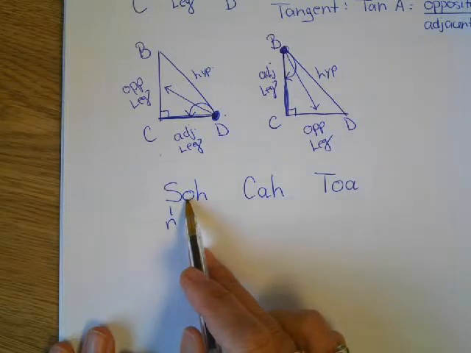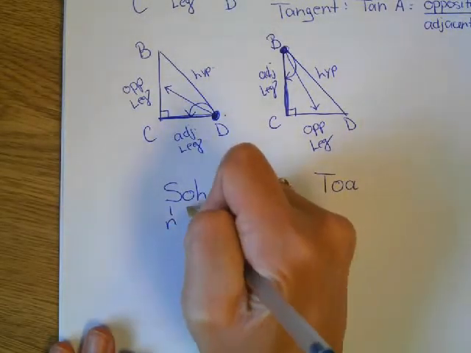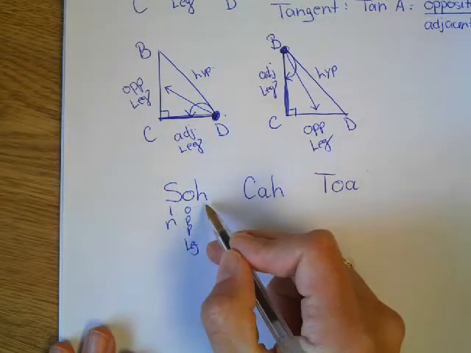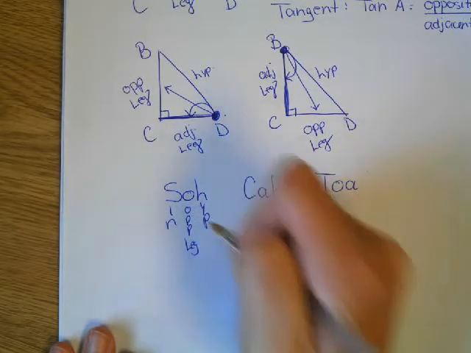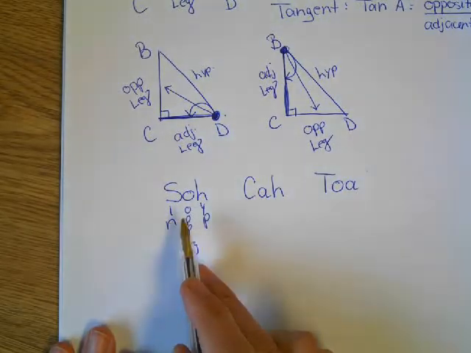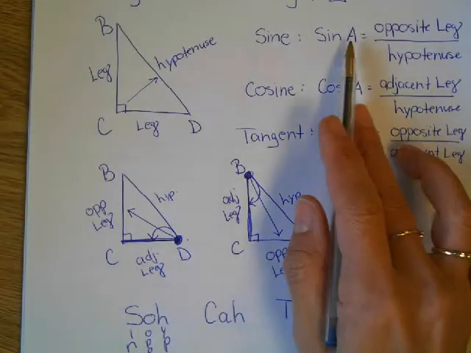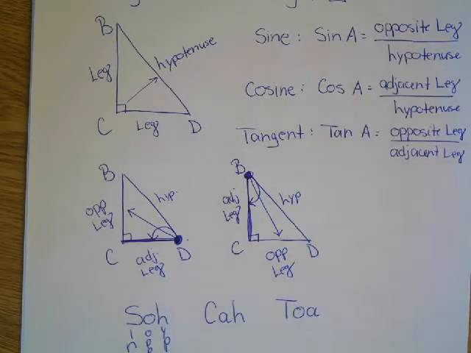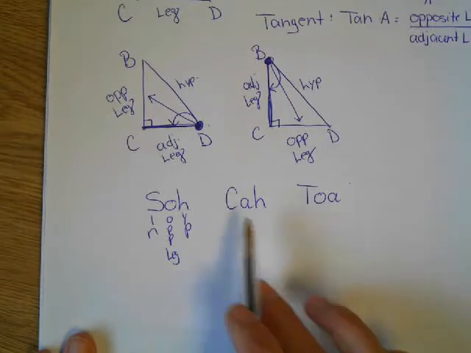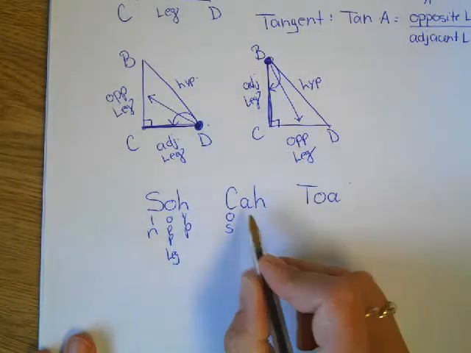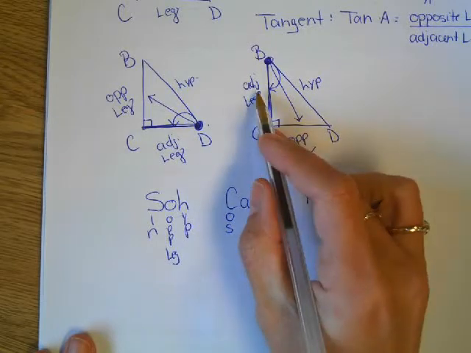O stands for opposite leg. And H will always be hypotenuse. So sine is equal to the opposite leg over the hypotenuse, just like we wrote up here. Sine, opposite leg over hypotenuse. So I think you can figure this one out. The C would stand for cosine. A would stand for adjacent leg.